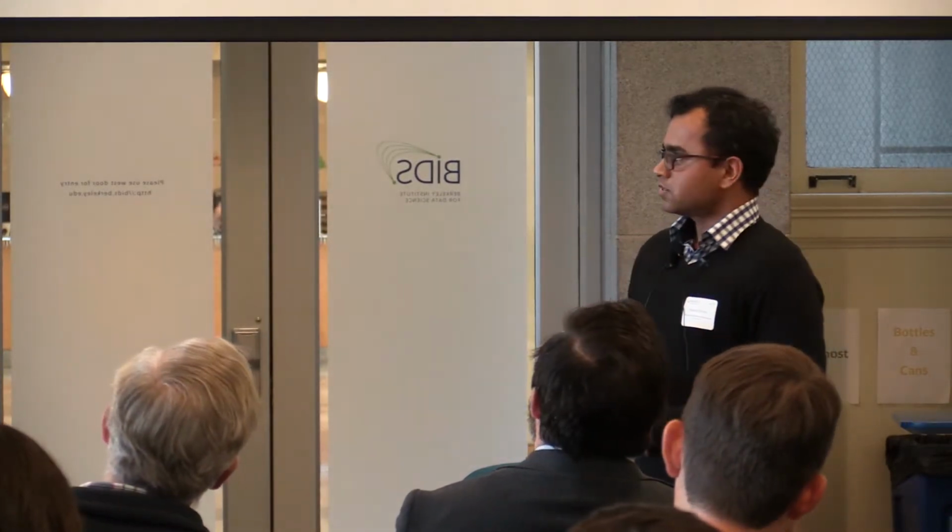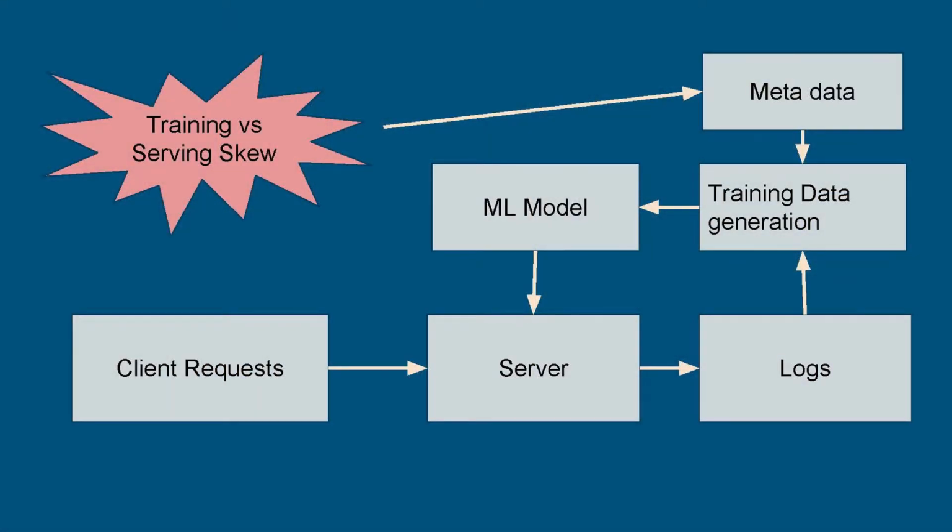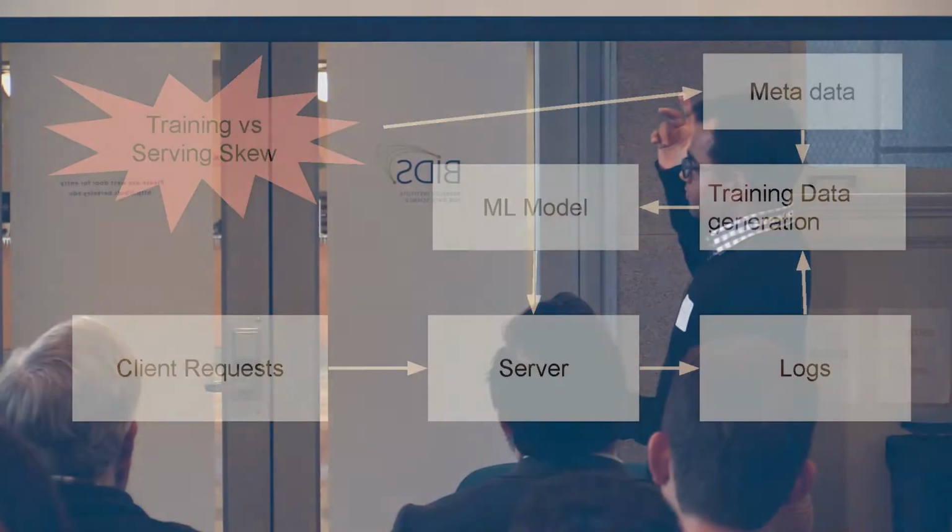And it is not just a technical problem, it's an organizational problem, because when you have some model, especially large scale, complicated ML models, there will be a heuristic team which will build the model based on some heuristics, because until you have the training data, you cannot build any models. So you will have something like this, that you will have a client request which is going to a server, and then the server will have some logs.